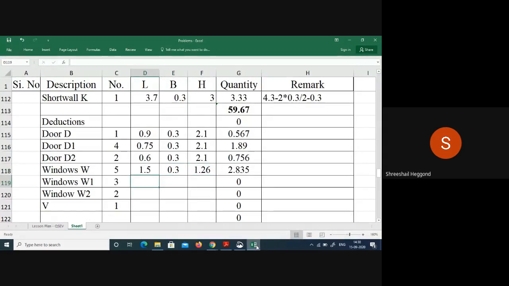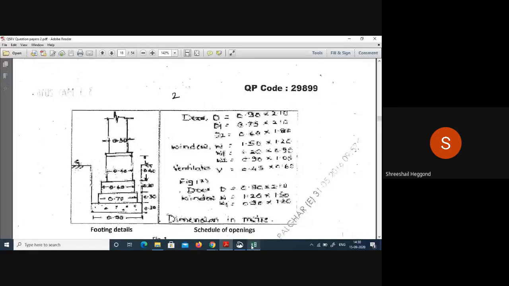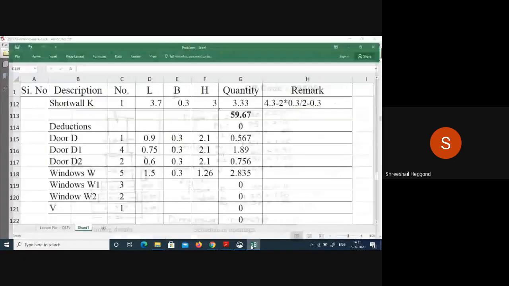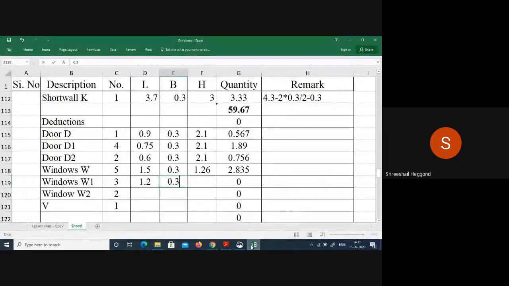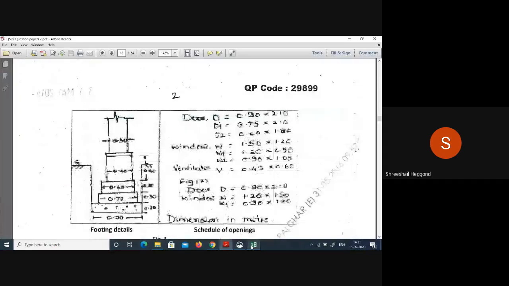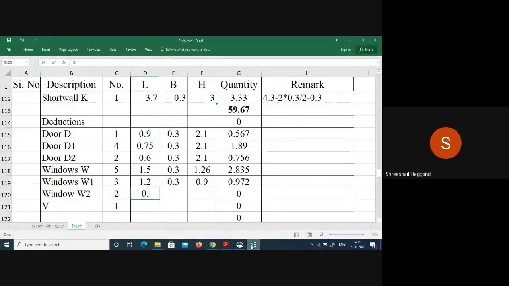And next, W1, the dimension is 1.2 by 0.9. And next is 0.9 by 1.05. Dimensions 0.45 by 0.3 by 0.6 for ventilator.